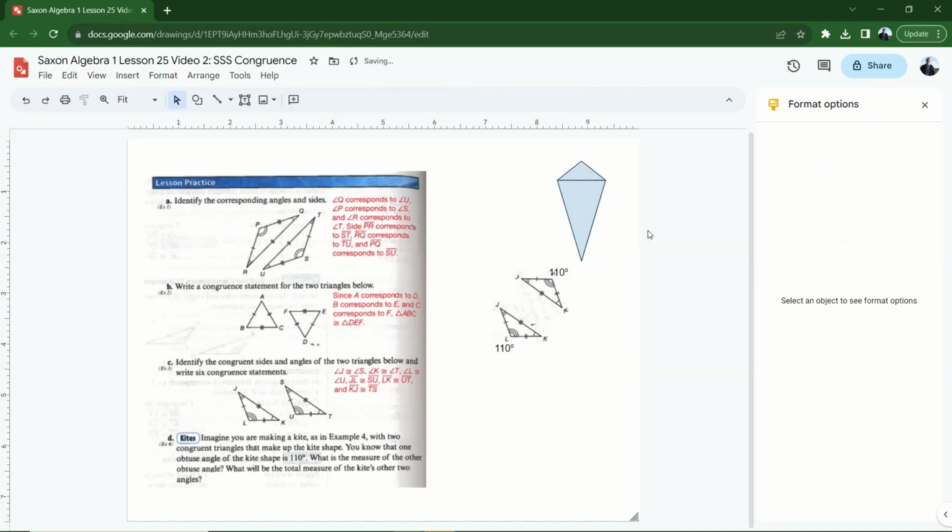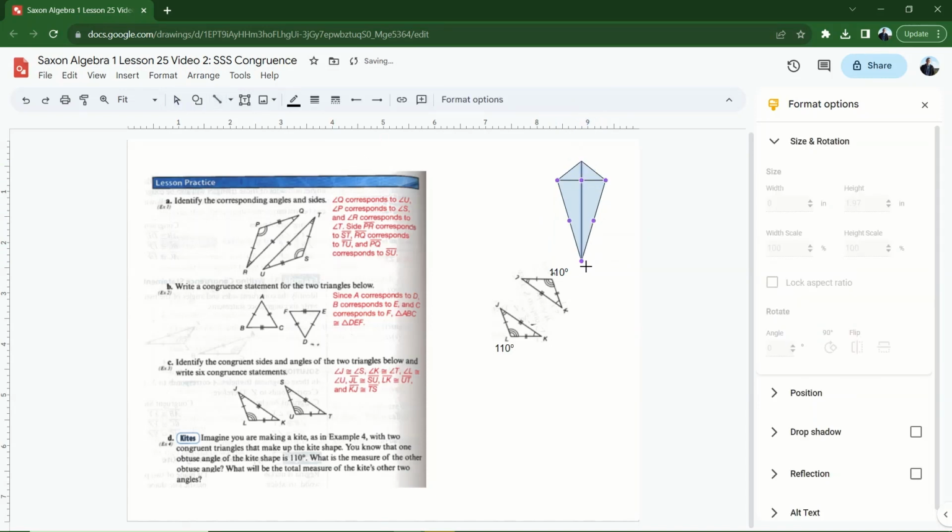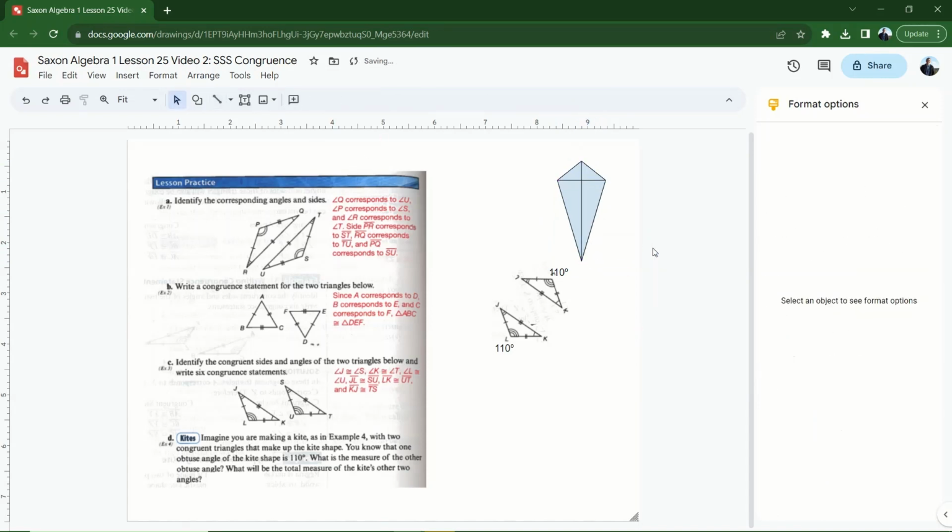Now notice that this kite shape is made up of 2 triangles that are right next to each other, and the triangles, this triangle over here and this triangle over here, have side congruence. Okay, just like these ones have side congruence. Now if this angle here and this angle here have to add up to 70, this angle here and this angle here also have to add up to 70 because they're congruent.